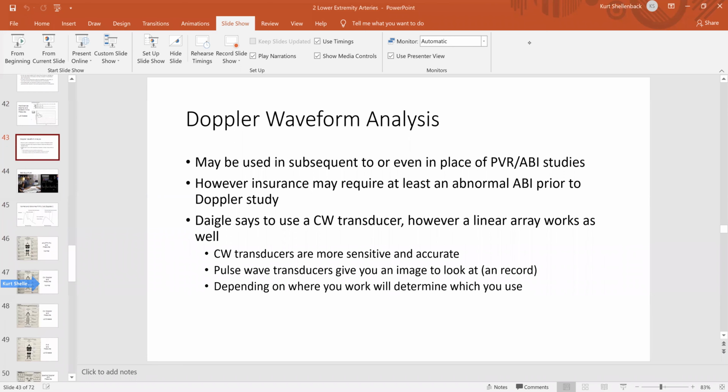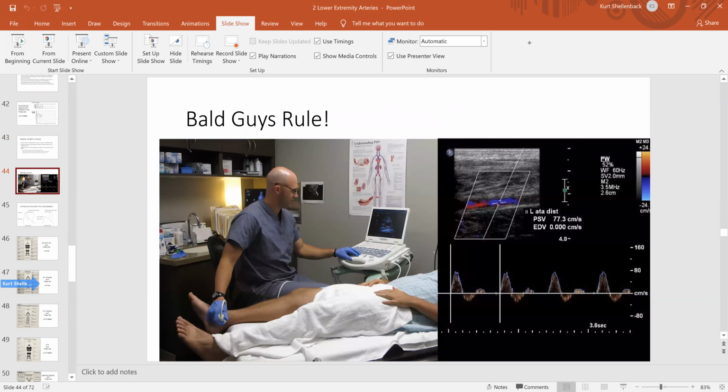That is one reason why I bought an ABI machine: for insurance to pay, sometimes they need to see that the easier exam was done first. I think that's kind of stupid on insurance's part, but let them do what they do. Daigle says use a continuous wave, although I've always used a linear in the past and it worked just fine. There I am. No, that's actually not me.